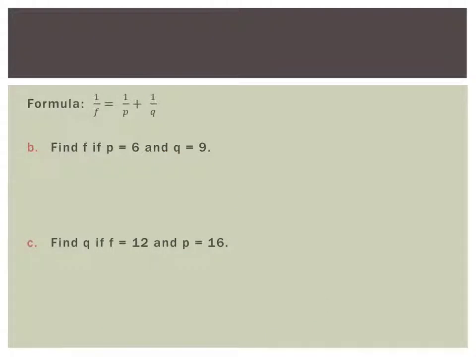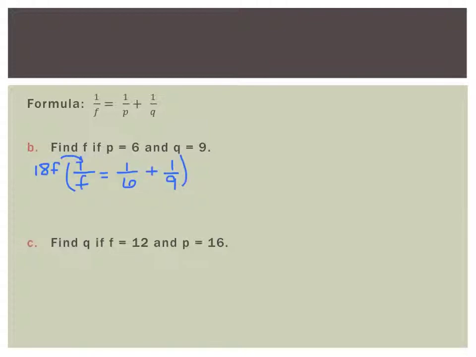In example B, we will be using the same formula. This time I'm going to plug in p equals 6 and q equals 9, and we're finding f. So this is going to be 1 over f equals 1 over 6 plus 1 over 9. My least common denominator for 6 and 9 is going to be 18, so 18f.